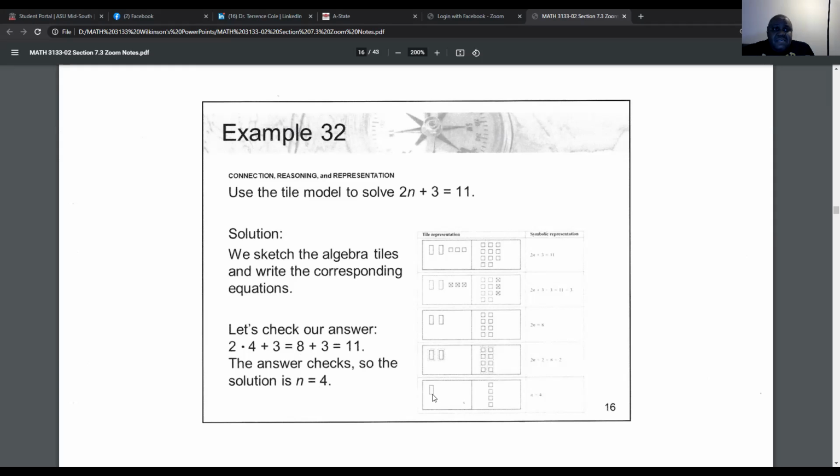So here, this represents n equals 4. And we can check our answer to see that 2 times 4 plus 3, that does give us 8. 8 plus 3 is 11. So n is equal to 4 is the solution to that two-step equation that you see here.